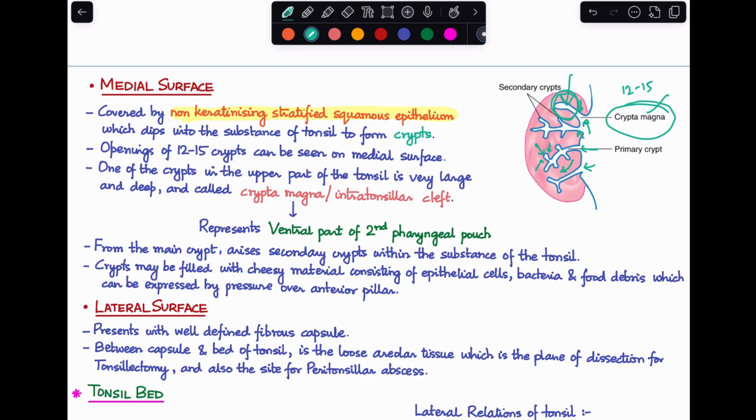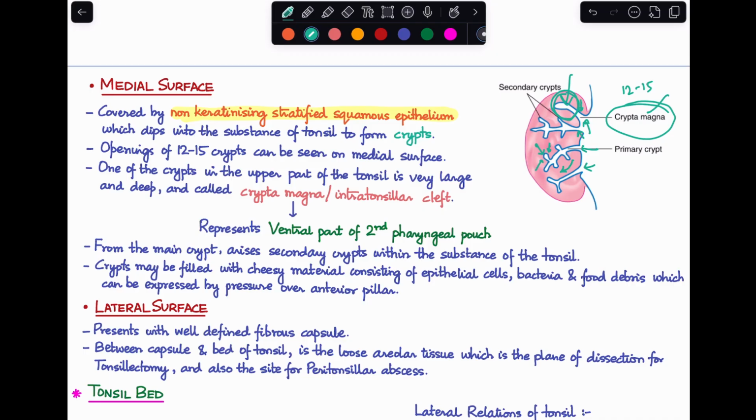And when the tonsils get infected in tonsillitis, these crypts can actually get filled with cheesy material. This cheesy material is usually a combination of the epithelial cells, the bacteria, and food debris which can get accumulated over there. And this cheesy material can be expressed out if you apply pressure on the anterior pillar.